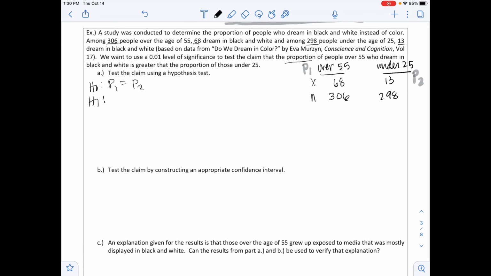We also need to be careful when reading the problem that you notice the symbol that needs to go in for the alternative hypothesis. It says that the proportion of people over 55 who dream in black and white is greater than those under the age of 25. So we know P1 is our older group, and that is going to be greater than our younger group, which was P2.